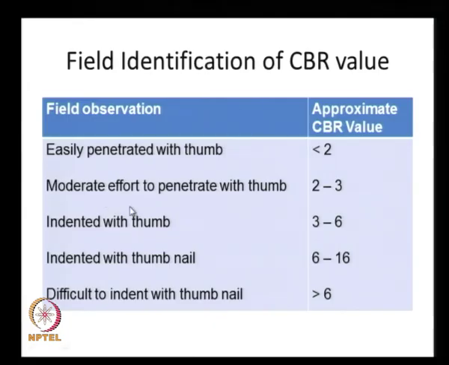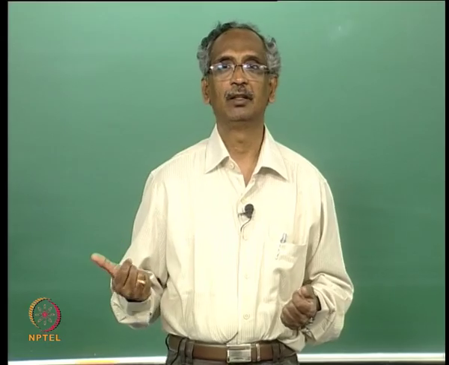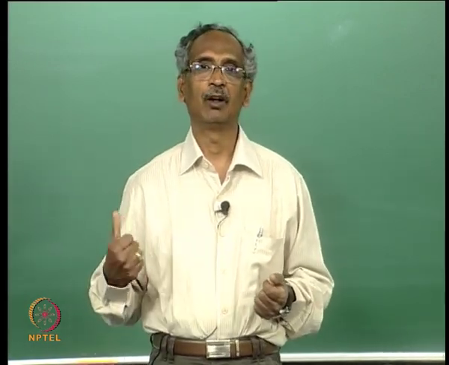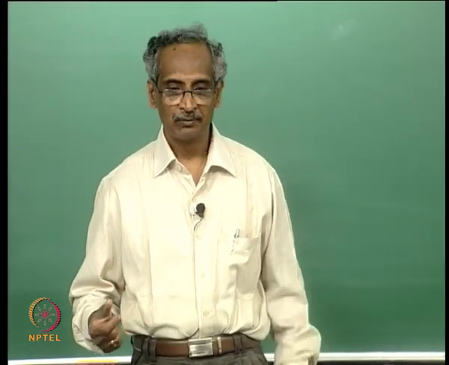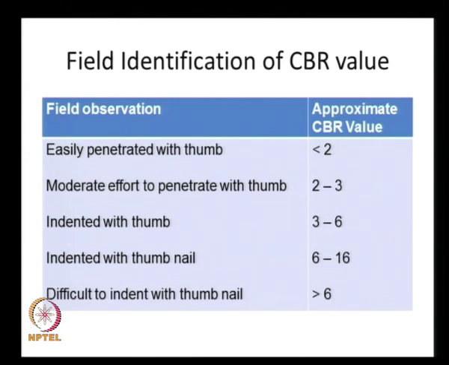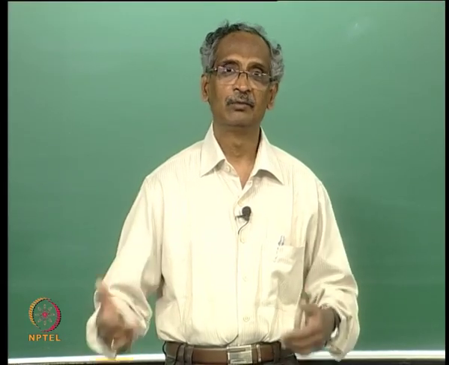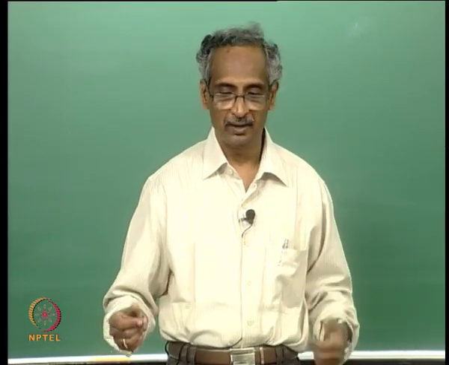We have seen in the previous class that the entire design of flexible pavements is based on the California Bearing Ratio, or the CBR, of the subgrade, and this particular table gives some guidelines on how to interpret some field observations for the CBR values, because many times we go to the field, we may not even have time to collect a soil sample, bring it to the lab and do the testing.